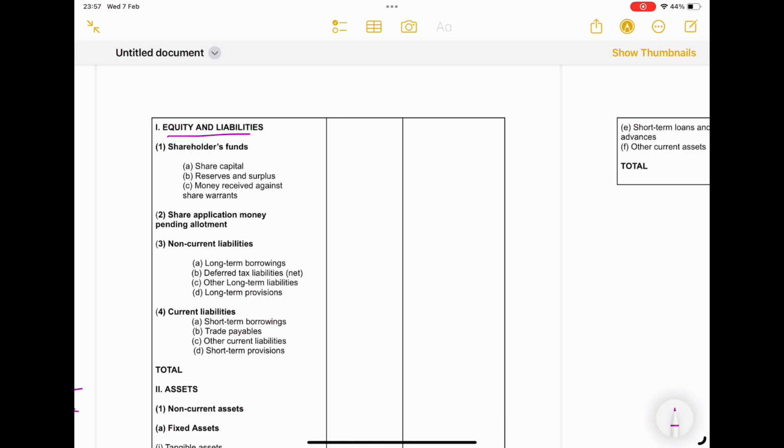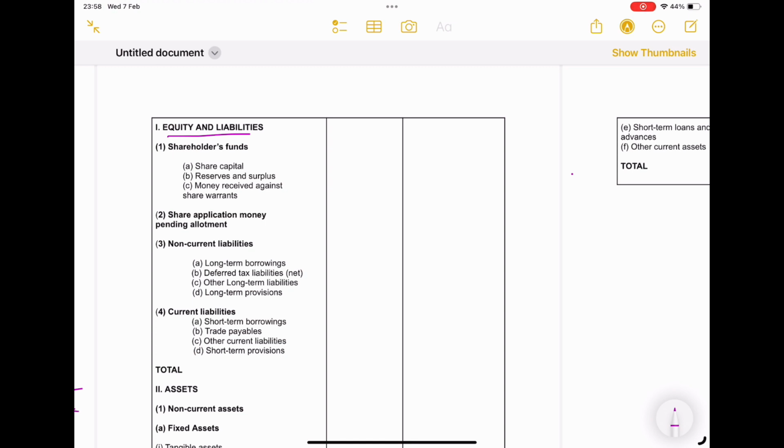Why is a balance sheet always starting with liabilities, not with assets? If possible, comment in the comment section. I'll read and see how much you know about this concept. After a few videos, I'll answer this question.